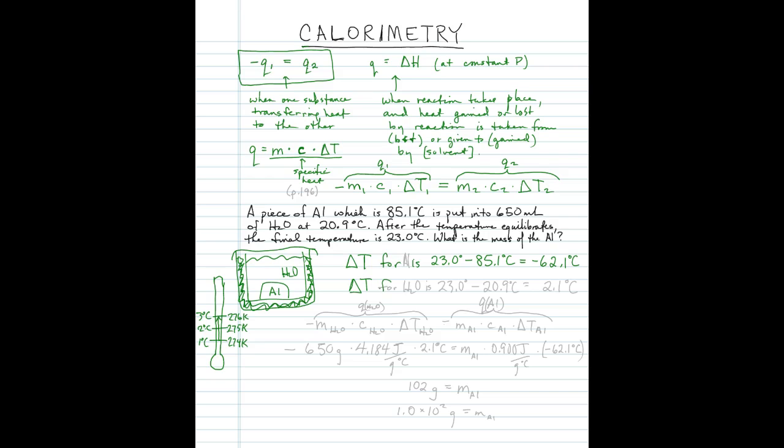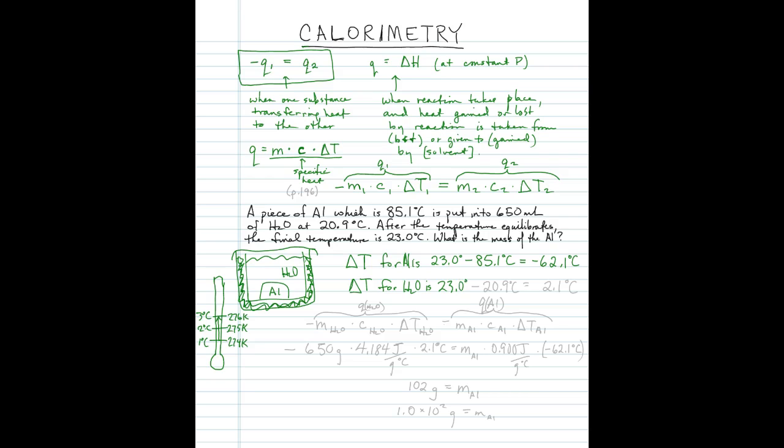Okay, so now we're just going to plug into this, negative m, only now I'm going to put it as mass of water times the C of water times the delta T of water equals the mass of the aluminum times the C of the aluminum times the delta T of the aluminum.